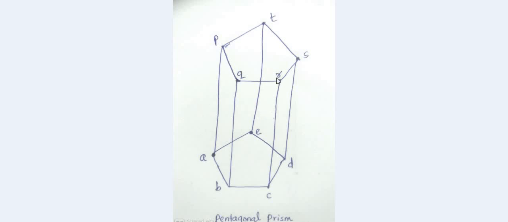So if you take here the example of pentagonal prism, there are 5 corners of upper base, there are 5 corner points of lower base, collectively these are 10 points, and additionally we have seen that there would be one center point of the upper pentagon and one center point of lower pentagon, and this line joining would be known as axis.